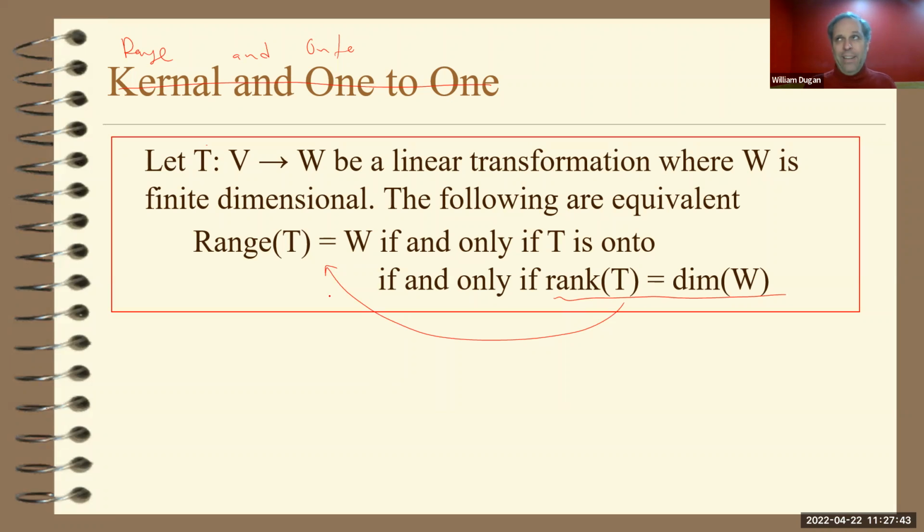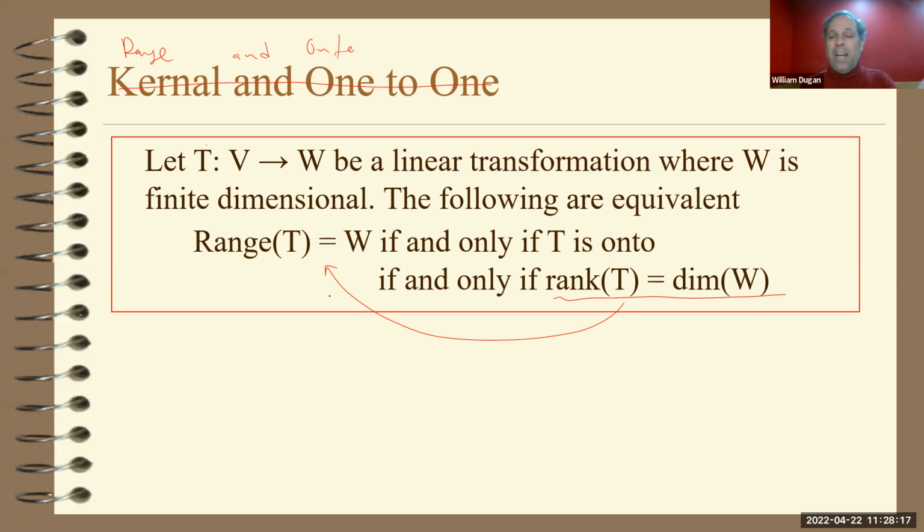It's weird, but it is possible that the rank of T and the dimension of W are infinite, and yet the corresponding spaces are not equal to each other. An example of that would be the vector space of polynomials inside the vector space of continuous functions. Their dimensions are equal, they're both infinite, but they're certainly not equal to each other. There are functions that are continuous that are not polynomials. So we need that the codomain is finite dimensional to guarantee that all three of these are equivalent.